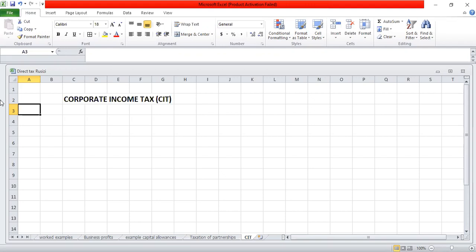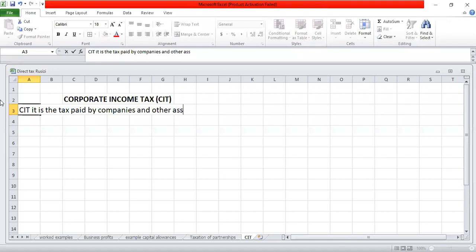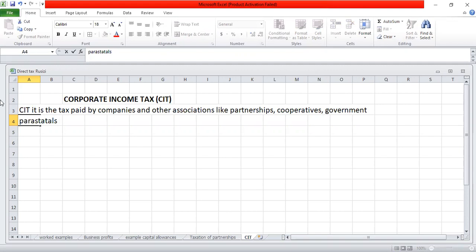So we can say that CIT, that's the corporate income tax, is the tax paid by companies and other associations like partnerships, cooperatives, government parastatals, etc. They all pay corporate income tax.